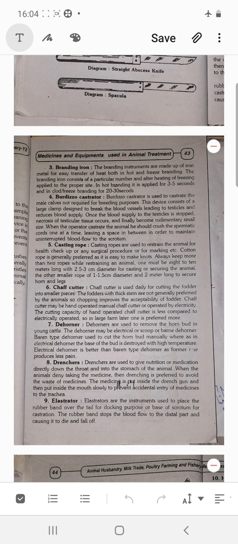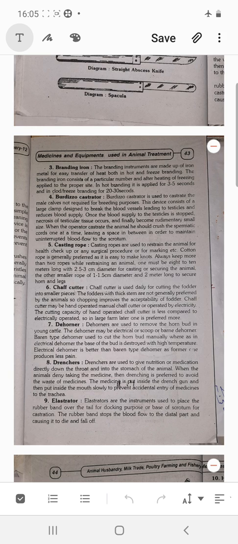Fourth one is Burdizzo castrator. Castrator is a very common instrument which is used for castration in males. Burdizzo castrator is used to castrate male calves not required for breeding purposes. And next is casting rope.